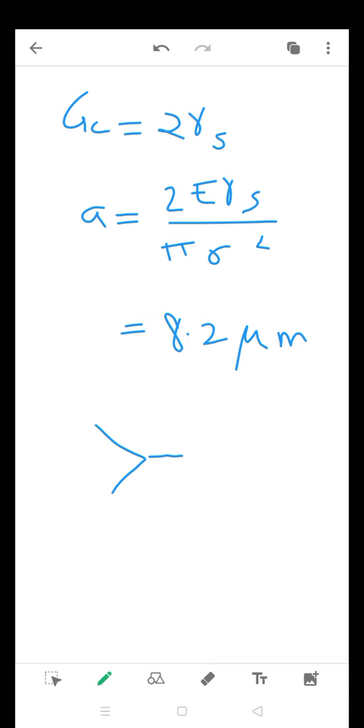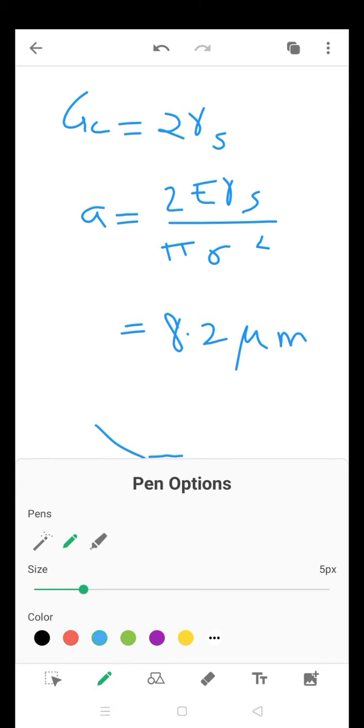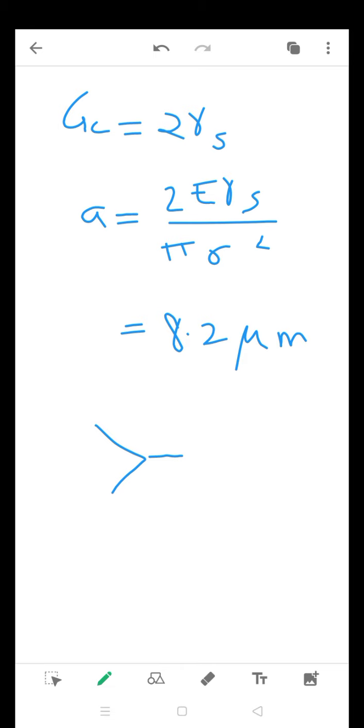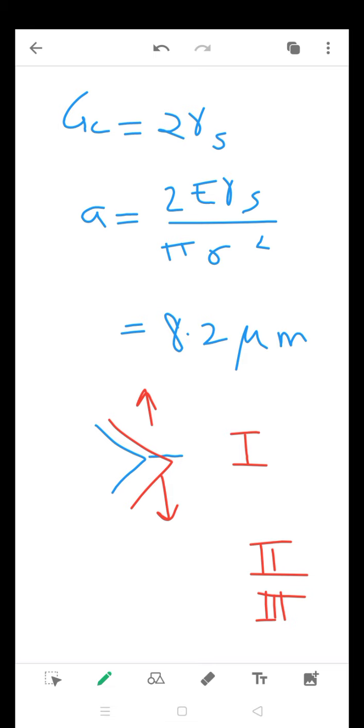Now whenever we are applying a stress in an already present crack, there are basically two modes of crack growth. One is called the opening mode, mode 1, where stress is applied in this direction and the crack starts to open up. Another, mode 2 or mode 3, I should call it, they are grouped into one, are the modes where sliding and tearing take place.